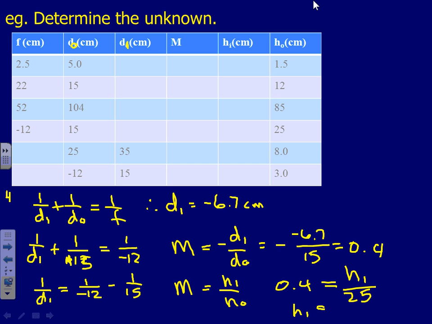Martina, you got a number? What do you got? 10? 10 centimeters. All right? Notice the magnification is positive. What does that tell us about the attitude if the magnification is positive?